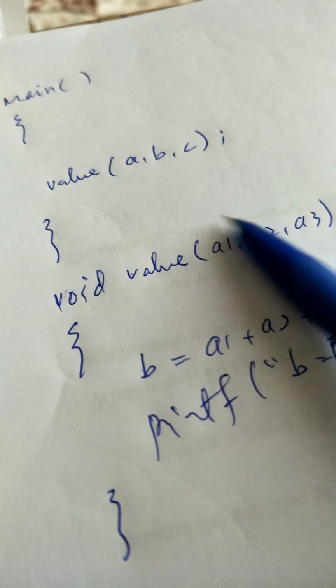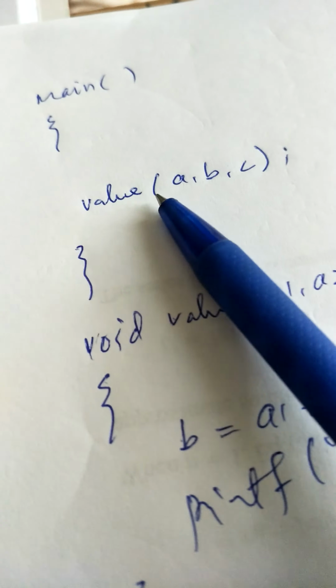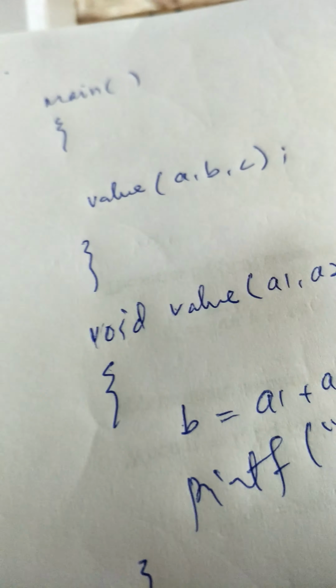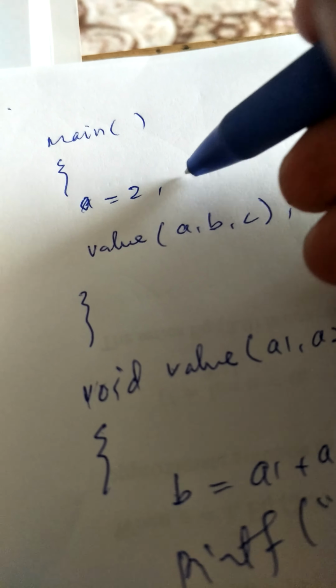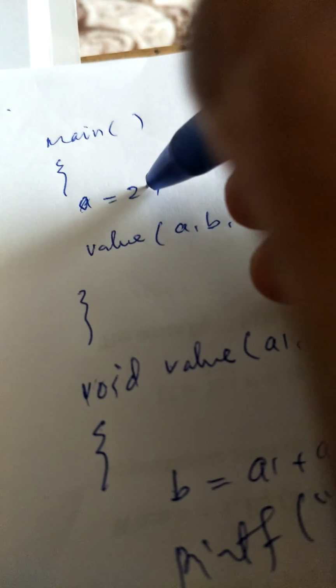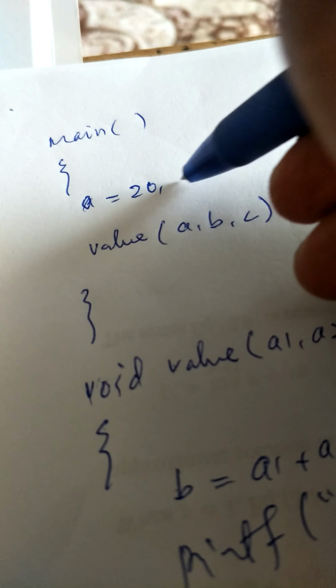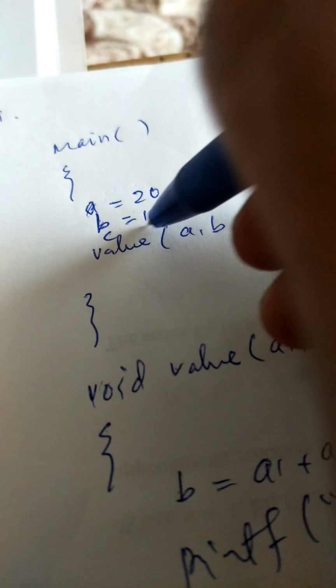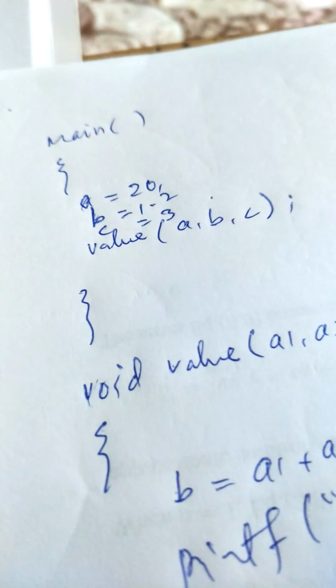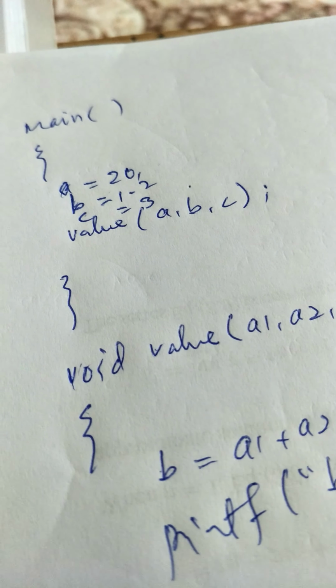So when we call the function value with A, B, C, probably somewhere here you generate this value or you give the value to it. Let's say A is 20, B is 1.2, and C is 3.